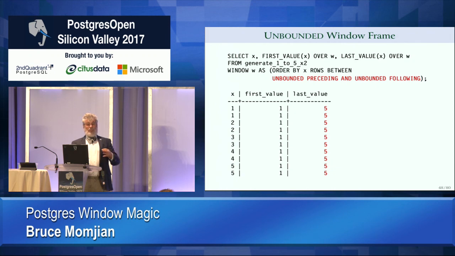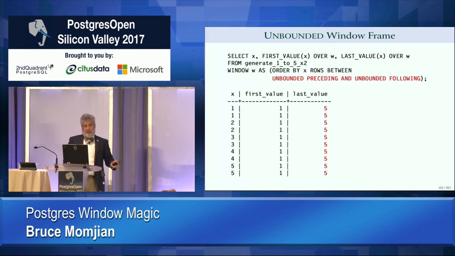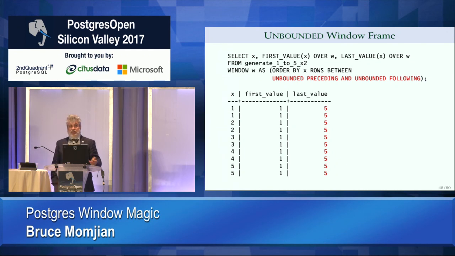This is like, whoa, what happened, right? I just threw this out here as a craziness, just to illustrate. I don't expect you to write any of these functions, but for illustration, it's very clear. I've already told you first value and last value operate on frames, and now I'm defining the frame as being unbounded preceding to unbounded following.